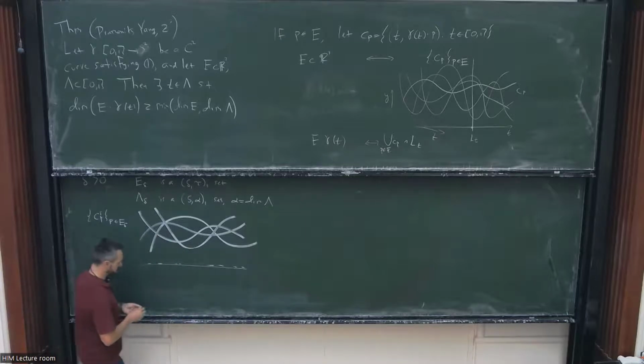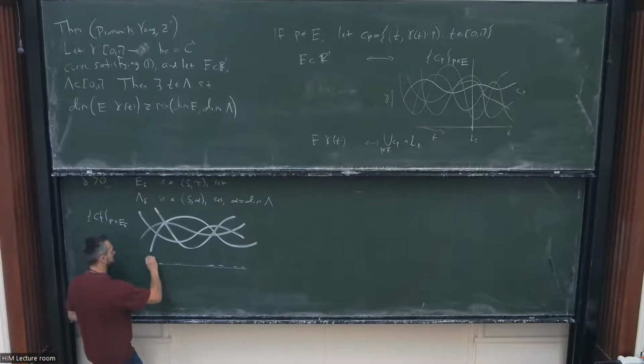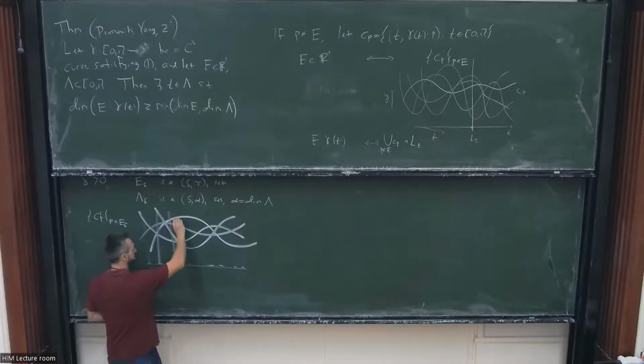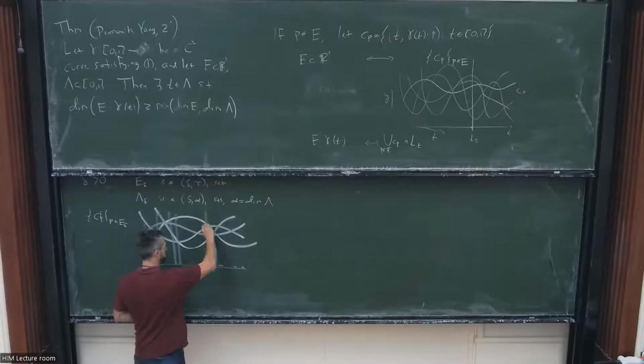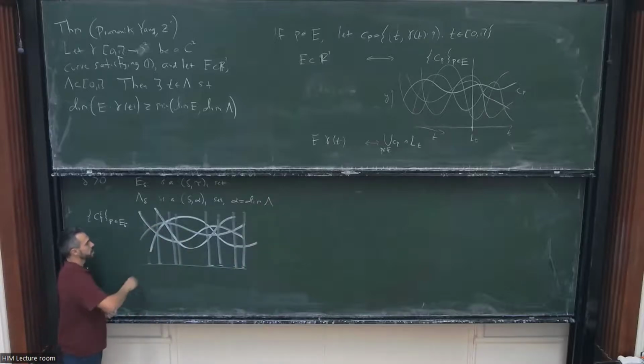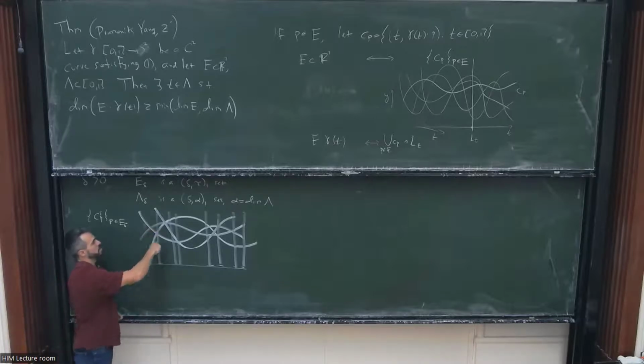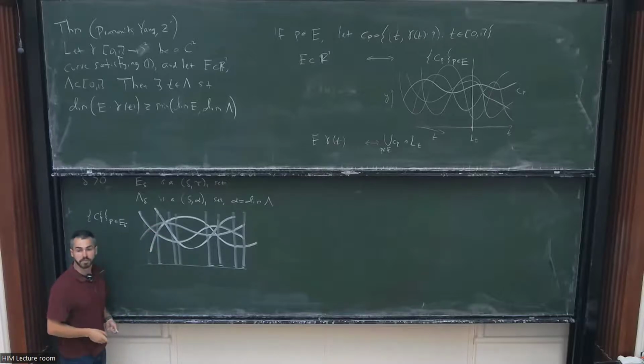I haven't drawn this picture too wonderfully, but if you were to look at these vertical stripes above each one of the delta intervals in this set lambda, what do these stripes look like? Well, first of all, they're meant to look like the discretization of a set which has a fairly small Hausdorff dimension. So these themselves are going to be like delta beta sets for some value of beta.